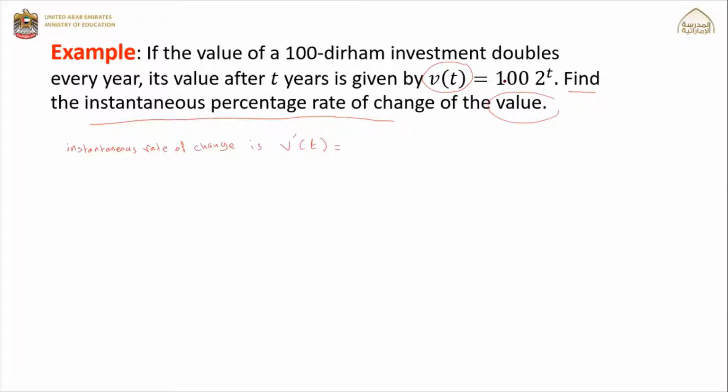Now, what's the derivative of 100 times 2 to the power t? 100 is a constant, so it will stay, times 2 to the power t, ln 2. This is the derivative of V(t), which is the instantaneous rate of change.